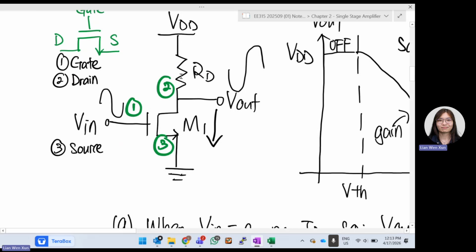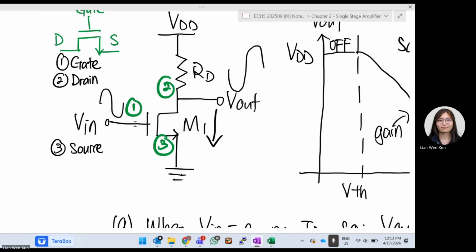Okay, so we will put one VDD. When we say VDD, it is the highest voltage point, the voltage source. VDD connects to a resistor, connects to the drain of your NMOS, and then your source connects to ground. Where does your input come from? The one that I speak, the one that I amplify. Here is your input. The gate is your input. We call that Vin.